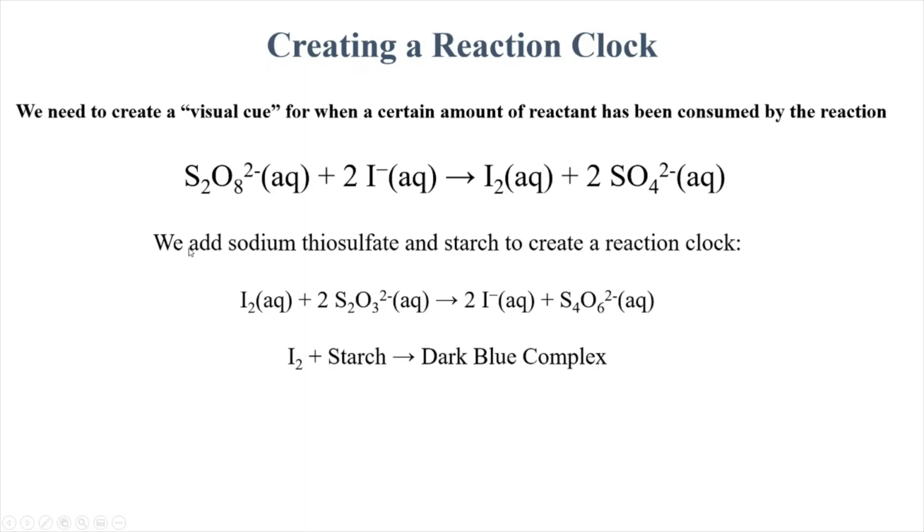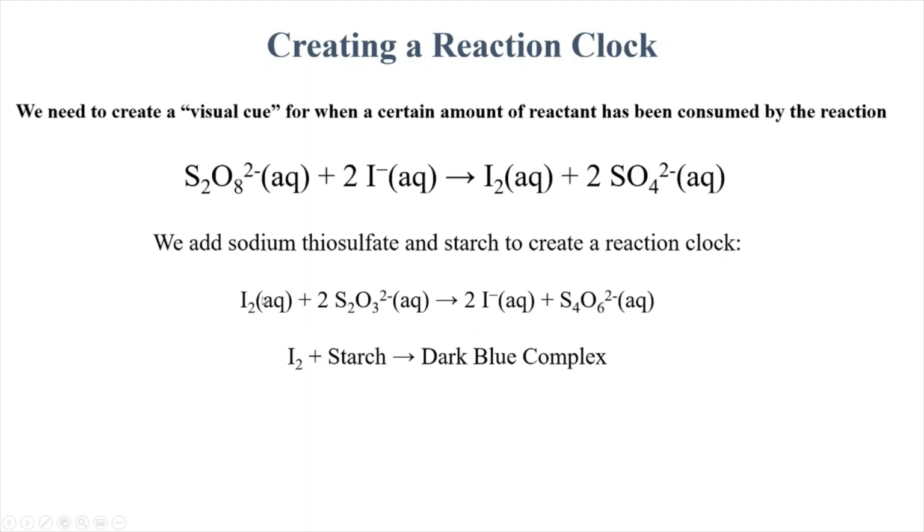So what we do is we add sodium thiosulfate and starch to create a reaction clock. So this is what winds up happening. When we mix A and B together, this reaction starts to make I2. And what the sodium thiosulfate is going to do is react with that I2 and bring it back to I-.